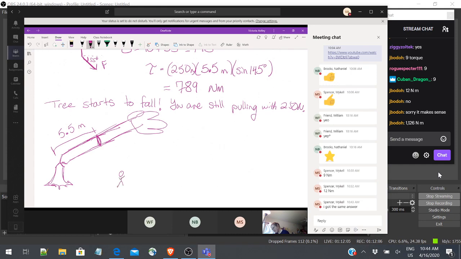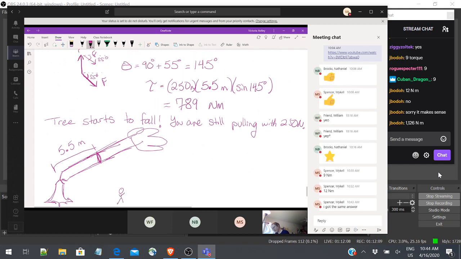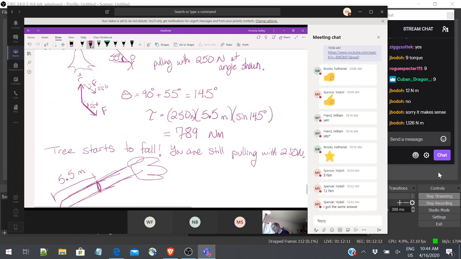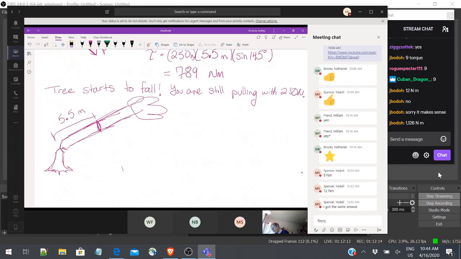You're right here. I should work out exactly where you were standing. You're like right here. So now this is more like 85 degrees. Okay. So the torque you apply is now tau times 250 times 5.5 times the sine of, okay, if that's 85, then that's 5.